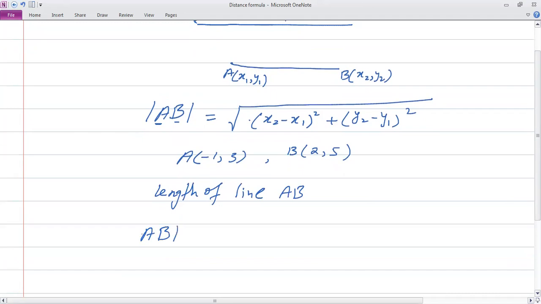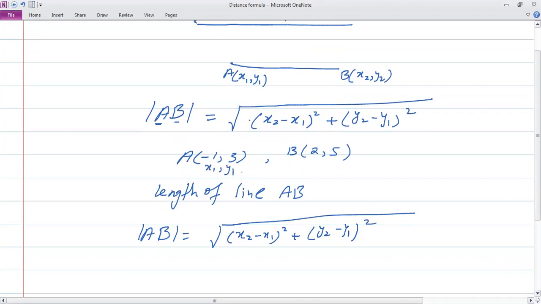AB mod will give you the length of the line. So it is the square root of, write the formula first, x2 minus x1 squared plus y2 minus y1 squared. As A is first, its coordinates are x1, y1, and the coordinates of B are x2, y2.